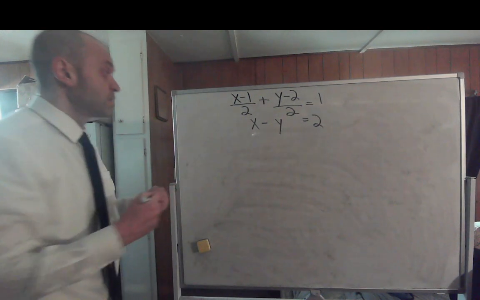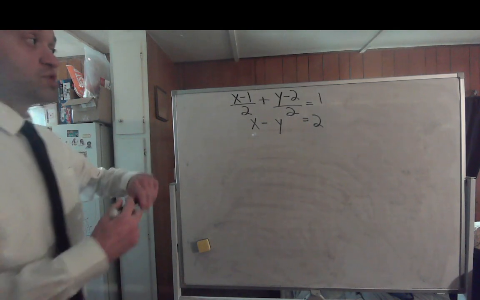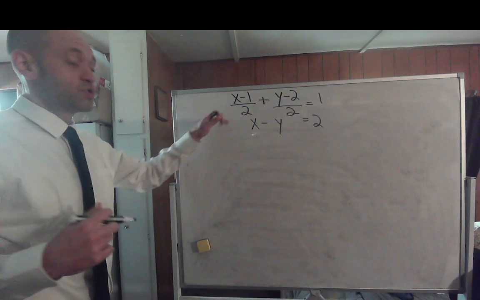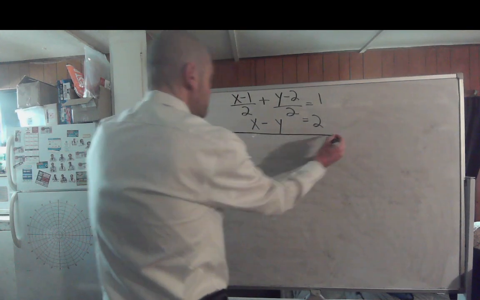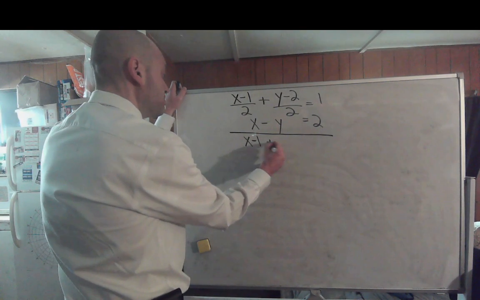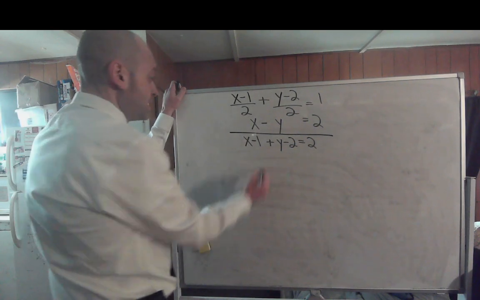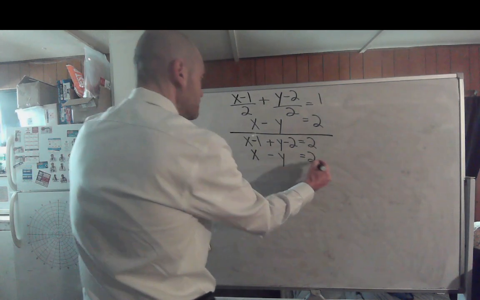All right. Well, you have, again, fractions in the first equation, so it's pretty plain to see your least common denominator is going to be 2 in the first equation. So multiply that entire equation by 2. You'll end up with x minus 1 plus y minus 2 equals 2. And then you'll have in your second equation x minus y equals 2.